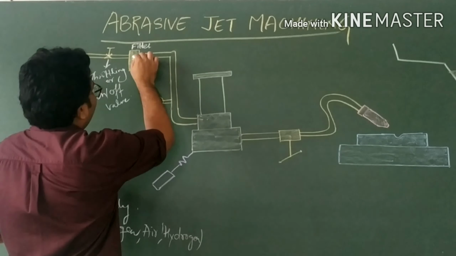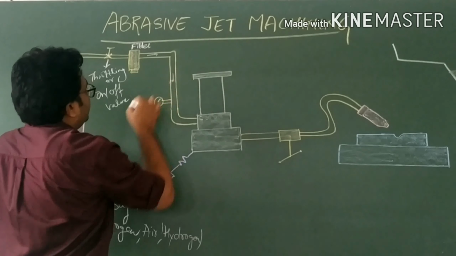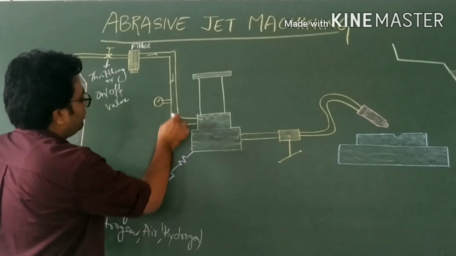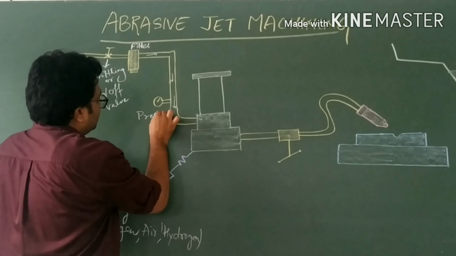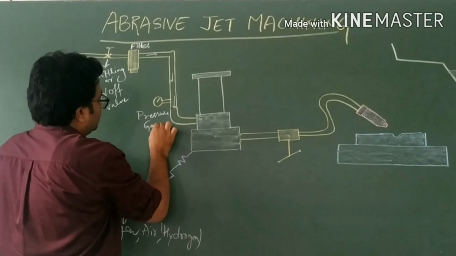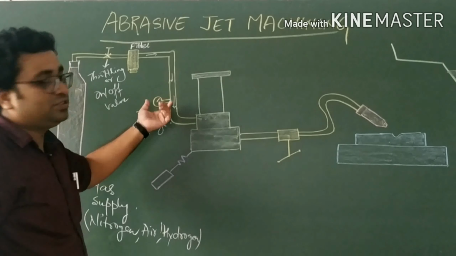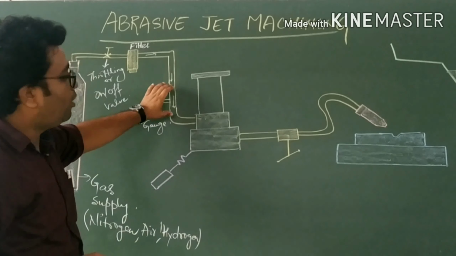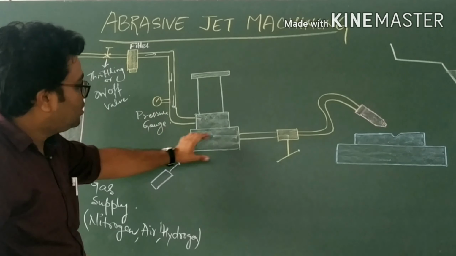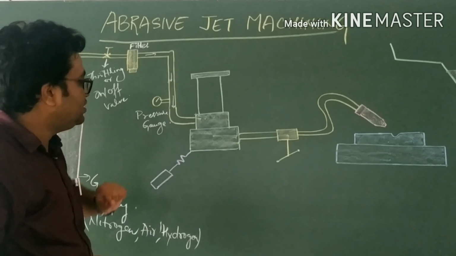After passing through this filter, the purified air passes through the pressure gauge. The pressure gauge shows the indication of how much pressure of the gas is supplied to the mixing chamber.